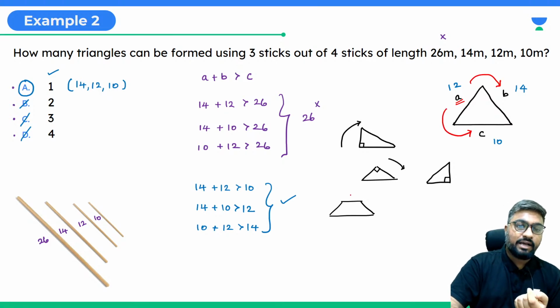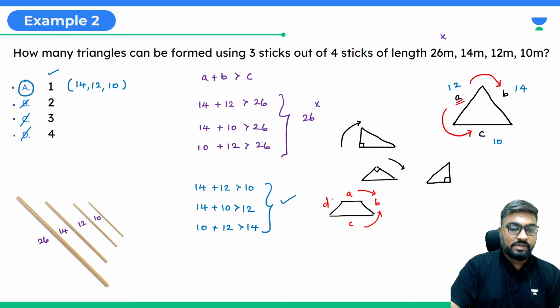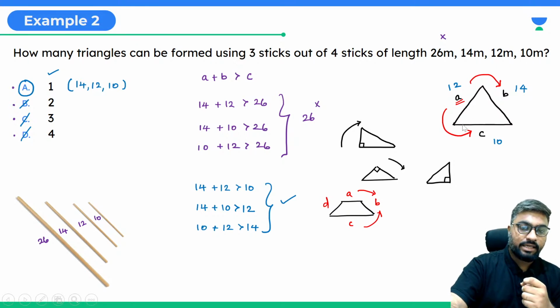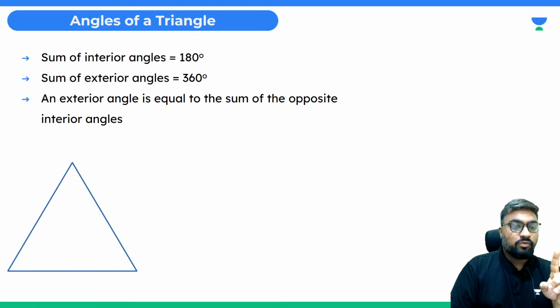But एक ट्रपेजियम में अगर आप देखोगे A, B, C, D, A is adjacent to B, C is adjacent to B, but D is not. So here you can make more trapeziums. यहाँ पे आप अलग अलग trapeziums draw कर सकते हैं, but not with a triangle. ठीक है? So that was with side.